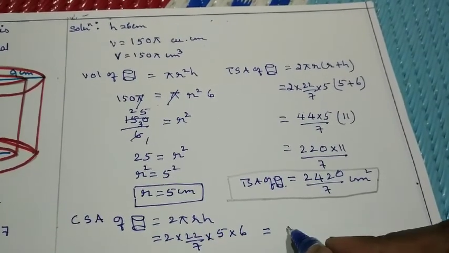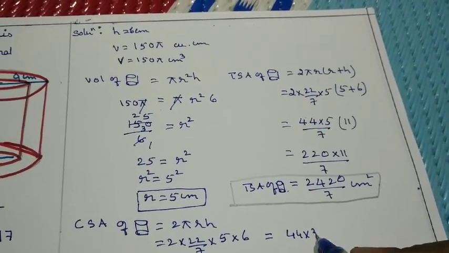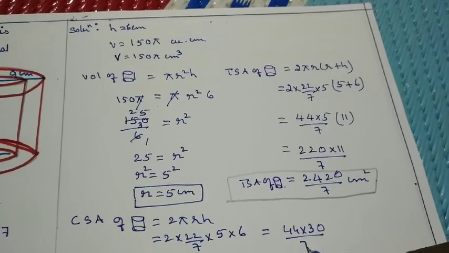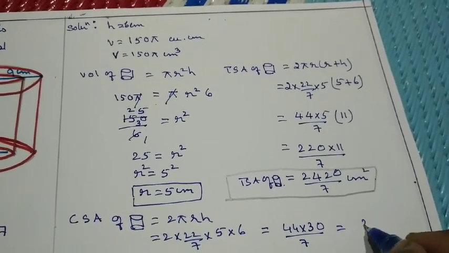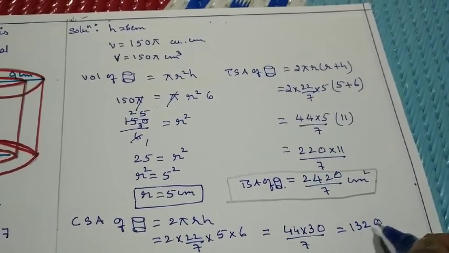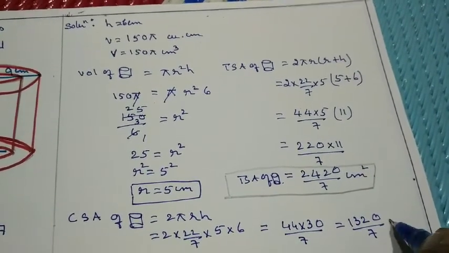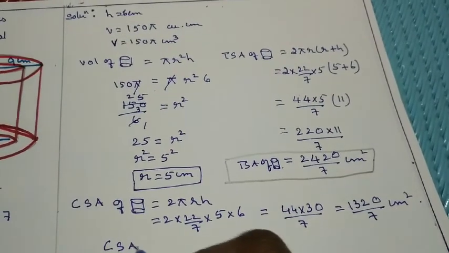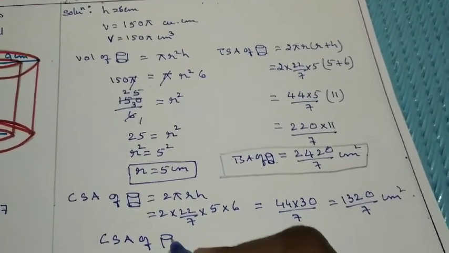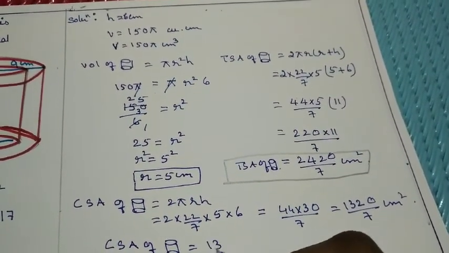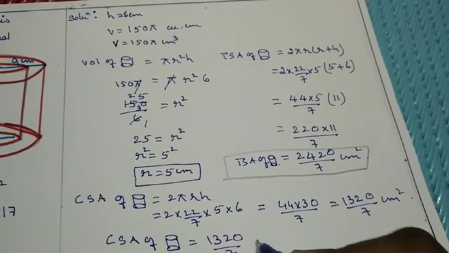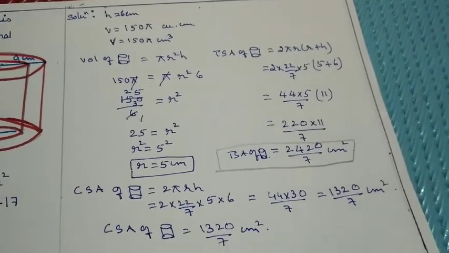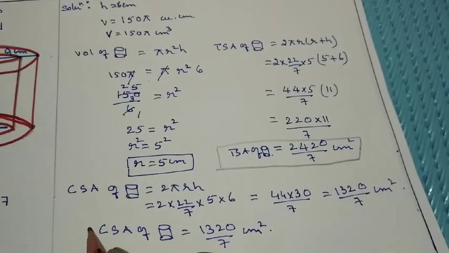Then 22 2s are 44 into 6 5s are 30 divided by 7. Then 4 3s are 12, 1320 by 7 centimeter square. So CSA of cylinder equal to 1320 by 7 centimeter square. I'll keep it in the fraction only, children.